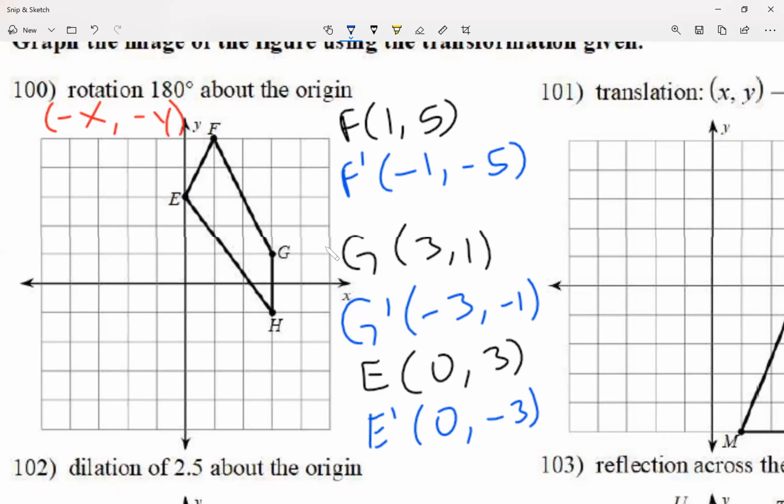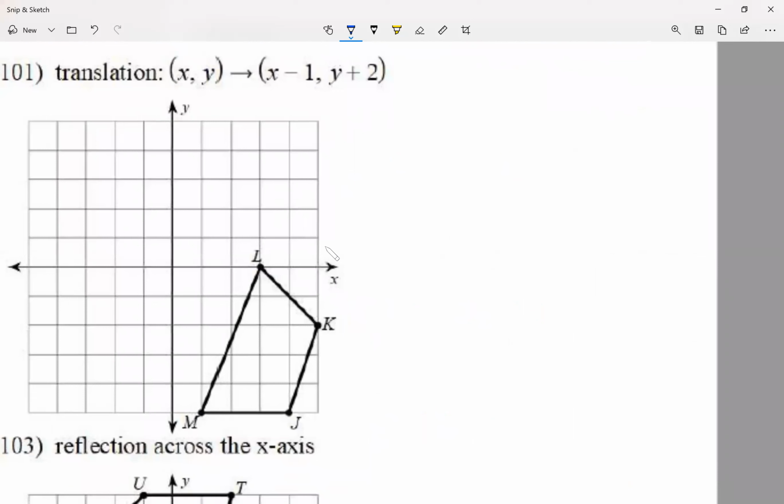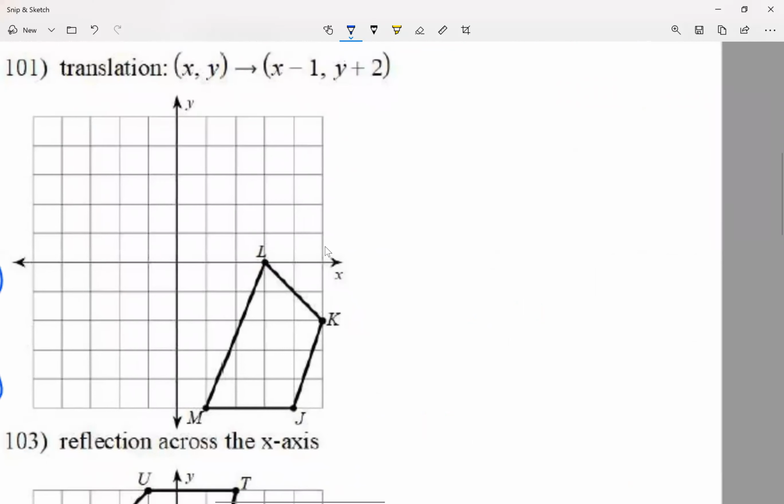All right, let's take a look at question number 101. I'm going to do translation. 1 unit to the left and 2 units up. I can literally draw these points. 1 to the left, 2 up. I can literally come over and use my graph here, and then get the coordinates of the point needed.